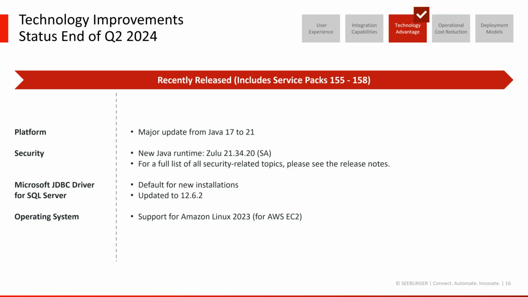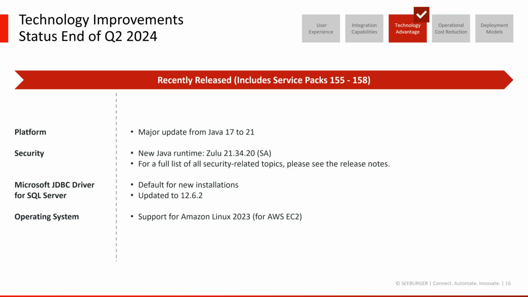For the underlying system database driver, we have now changed our default for new installations with a SQL Server as a system database to use the standard Microsoft JDBC driver rather than the third-party JTDS driver that we have used in the past. So again, this is only applied for new installations. Update installations are not automatically migrated.